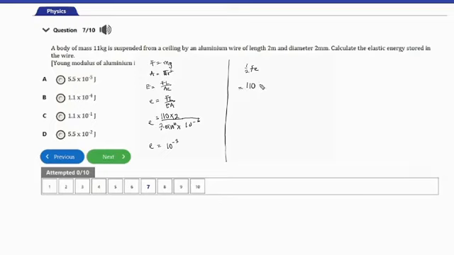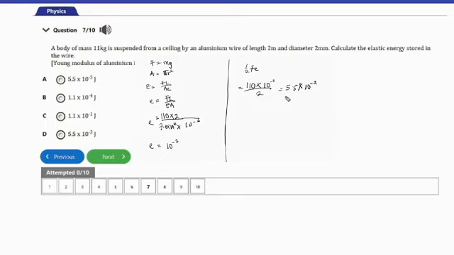That's 110 newtons. So the force here, 110 times the E, 10 to the power of negative 3, then over 2. So that will give us 5.5 times 10 to the power of negative 2, and that's option D here.